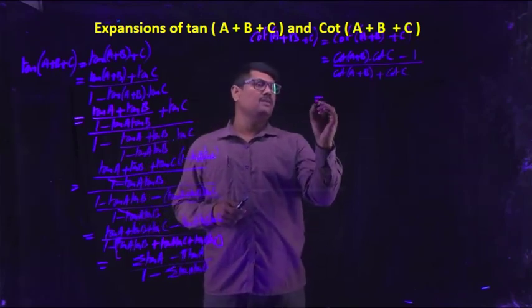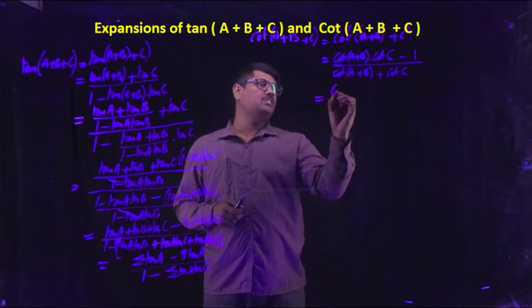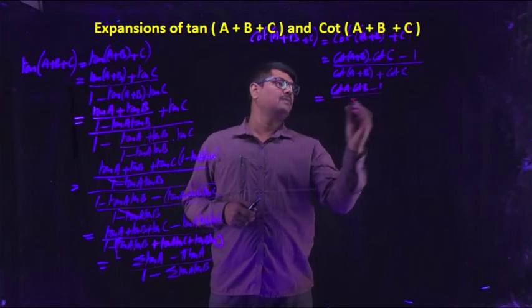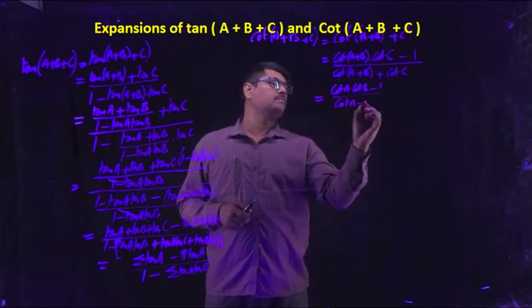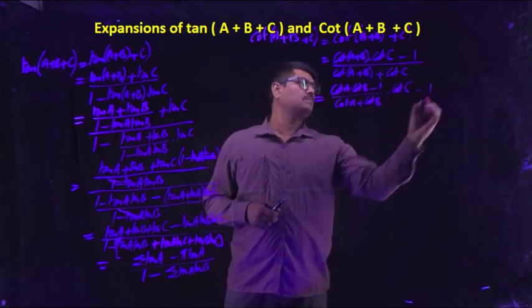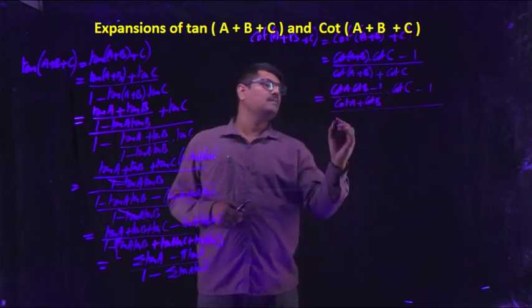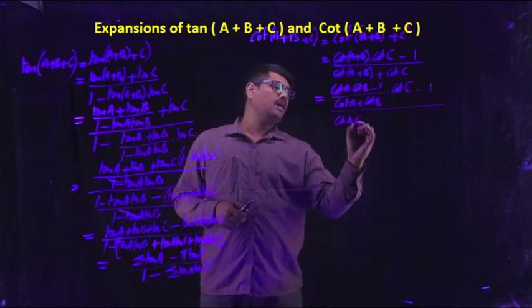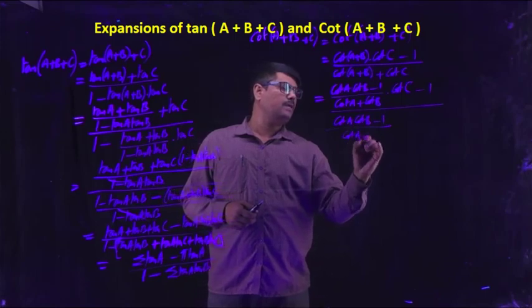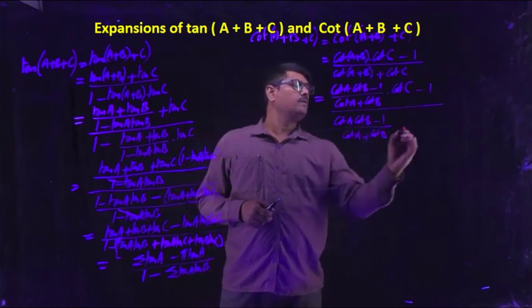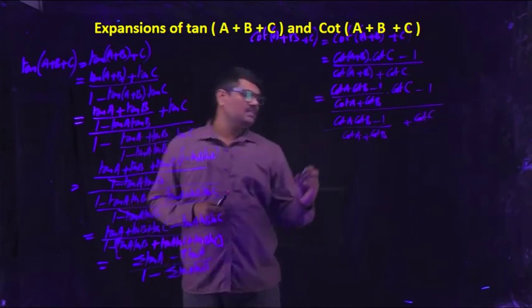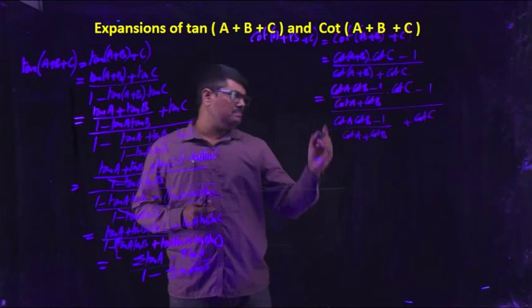Later again apply the cot A plus B formula, which is cot A cot B minus 1 by cot A plus cot B, into cot C minus 1, by, again write the cot A plus B formula, cot A cot B minus 1 by cot A plus cot B, plus cot C. Next, consider the LCM.